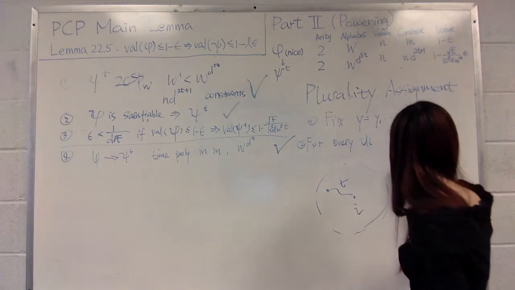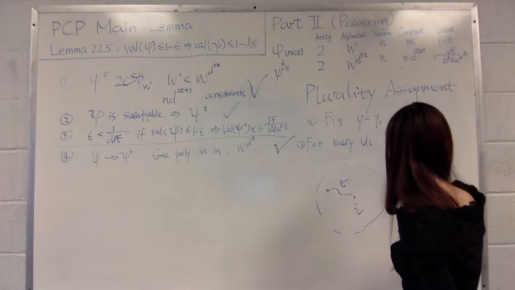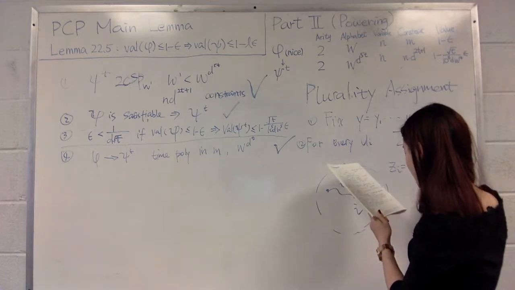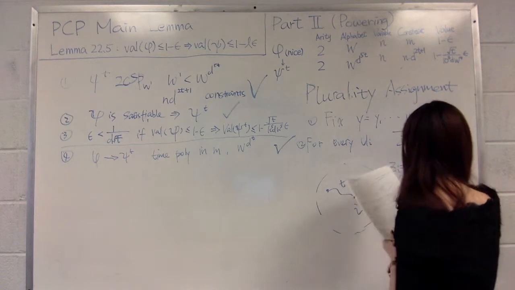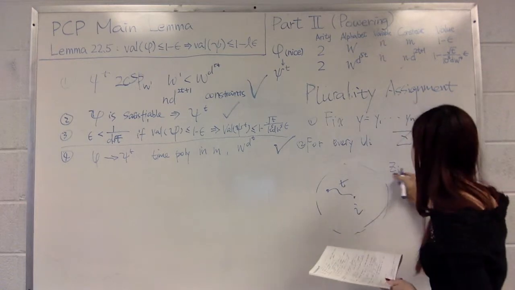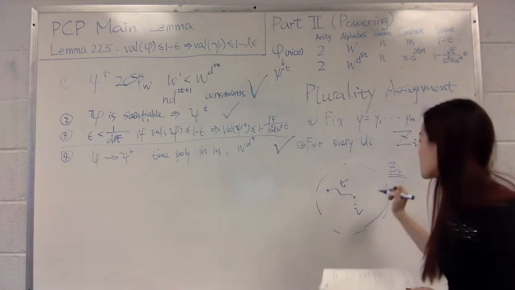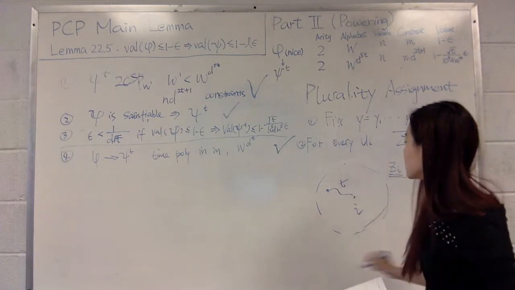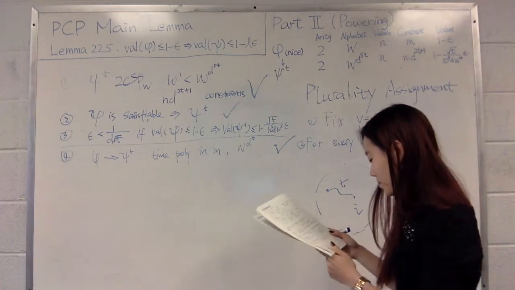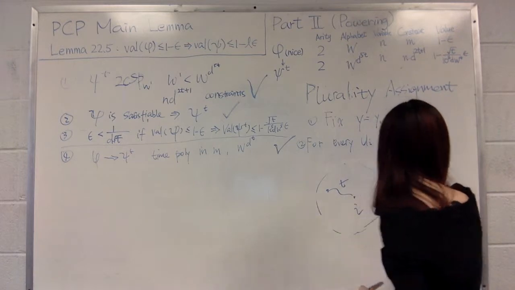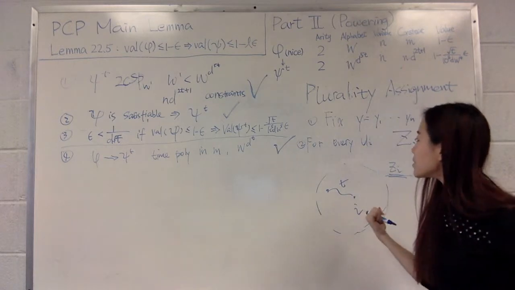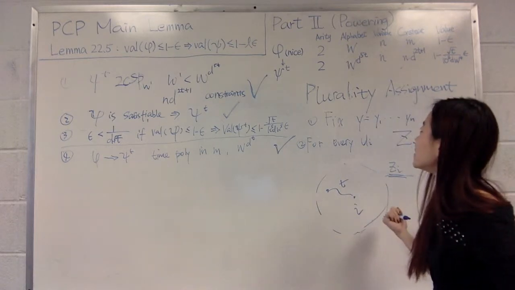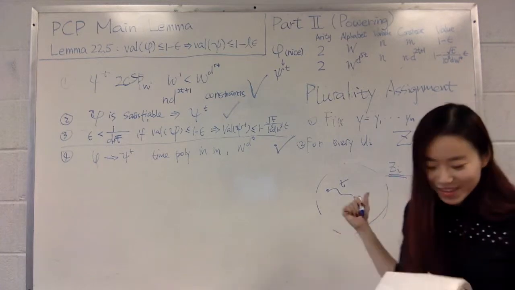And for the smaller Zi, we declare Zi as the most frequent assignment in this radius.